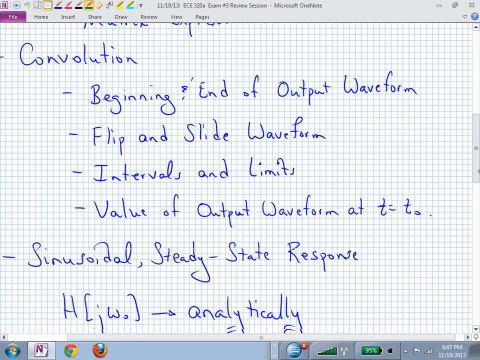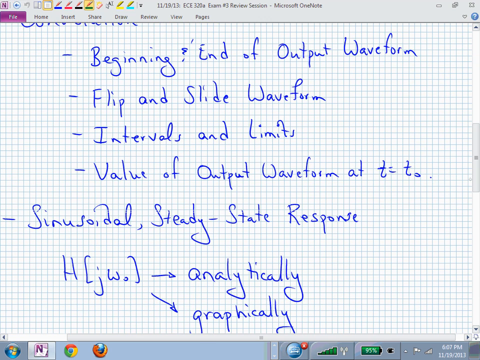And I might simply ask you, give me the output y of t at 6. So I might say, what is y of 6? That means you could do it the long way and solve the entire problem for all y of t and then plug in t equals 6.